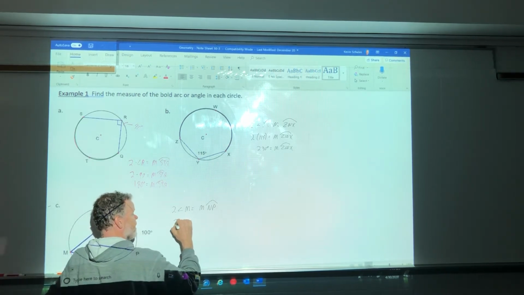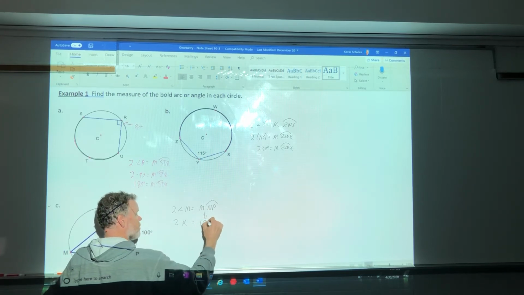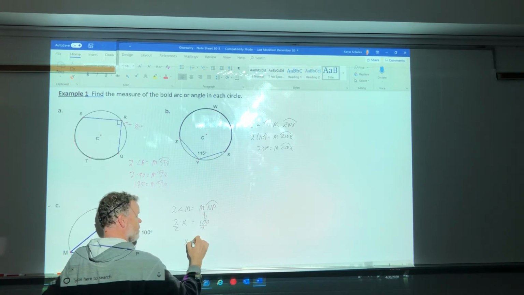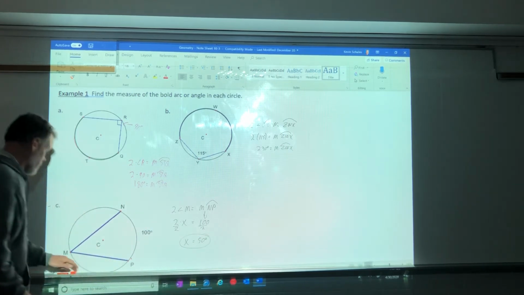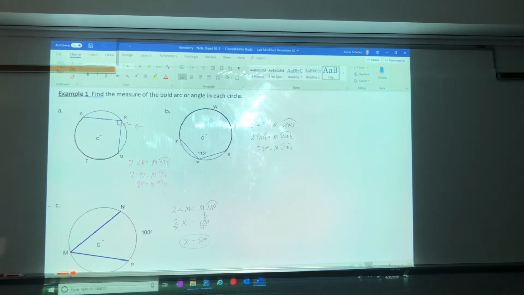We'll make this angle a variable, call this X, and we know the measurement of arc MP is 100. Divide by 2, divide by 2. So X, or our angle N, one and the same, is going to be 50 degrees. Because 2 times this angle equals this arc. So it's important that you set everything up properly.